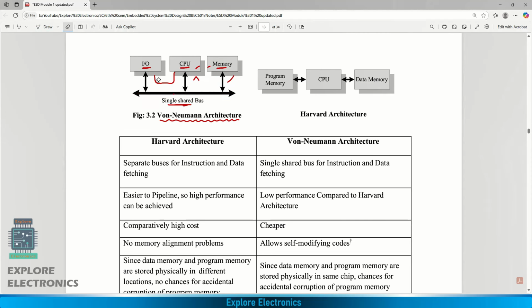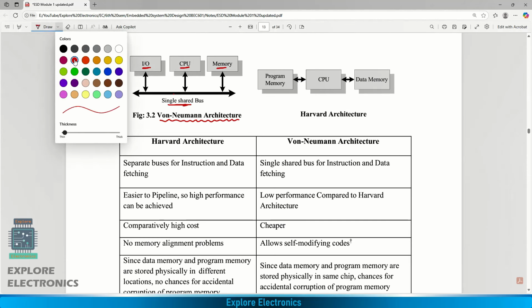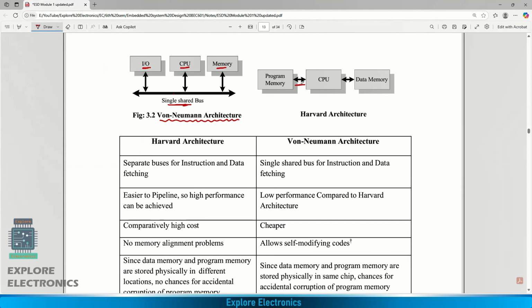That is how we need to understand the Von Neumann architecture and Harvard architecture. But if you see the Harvard architecture, it has dedicated buses. You can see the CPU to program memory has one bus, and data memory to CPU has another bus. So the CPU can communicate with program memory and data memory at a time.